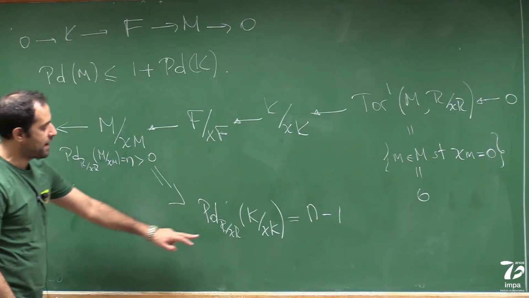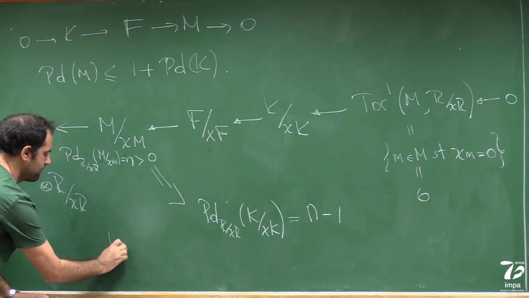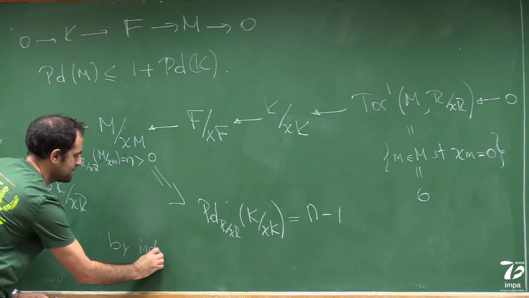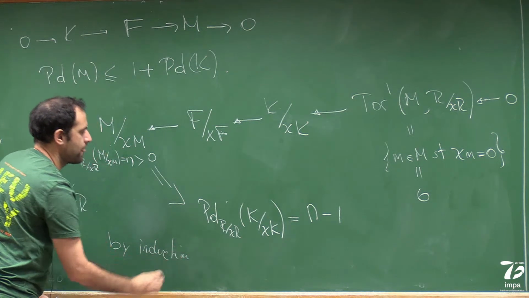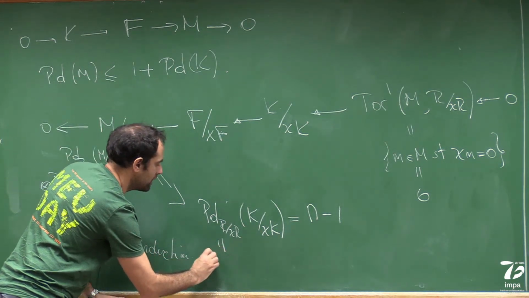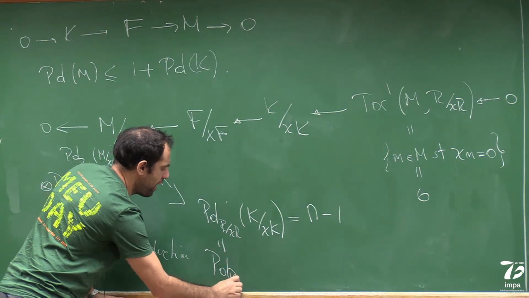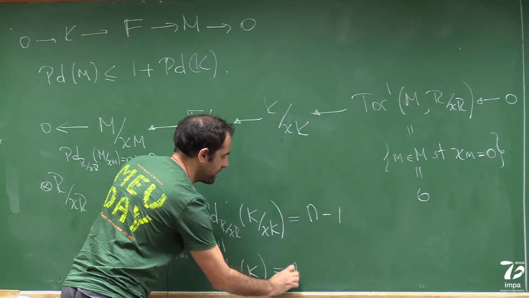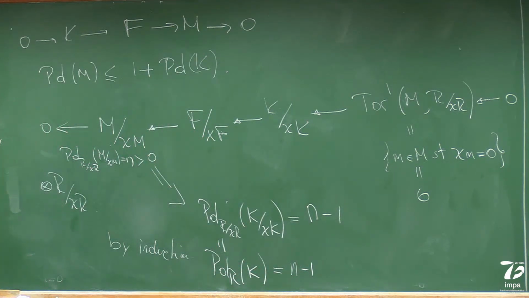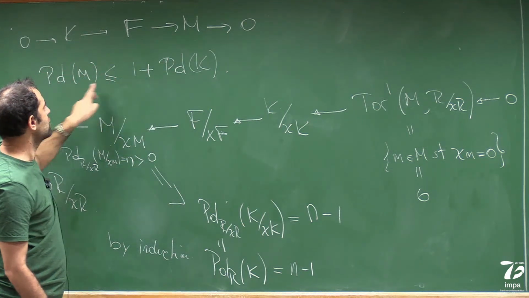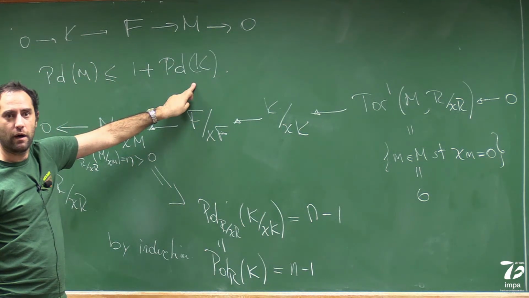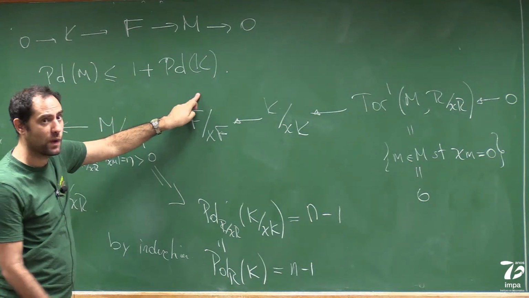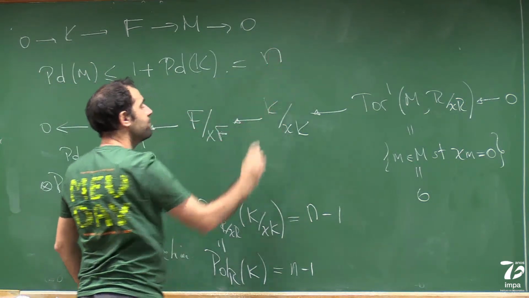Okay, but now by induction, this is equal to the projective dimension over R of K, which is therefore equal to n minus 1. And if the projective dimension over R of K is n minus 1, the projective dimension of M is less or equal than 1 plus n minus 1, which is equal to n.